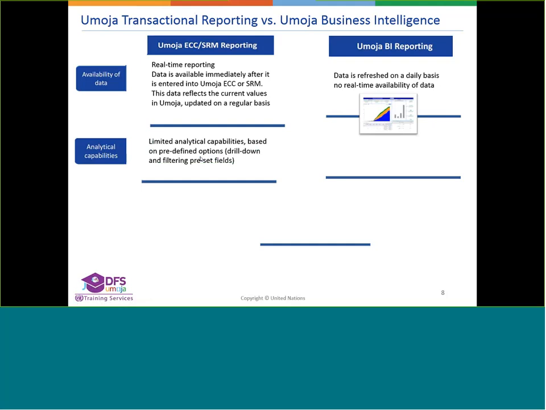Let me put it this way: you are not being more analytic if you're using BI. It just depends on the user and which component you want to use, either transactional or BI. Using ECC is really interesting for certain aspects of the analysis, but sometimes you have to move to BI if you want to do more advanced analysis, right? So ECC helps you in a way, and BI helps you in another way, right?